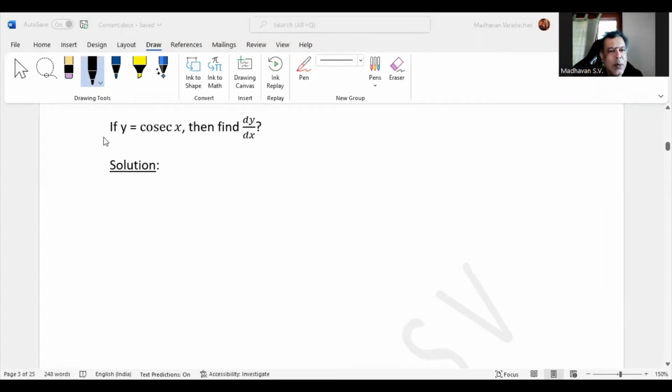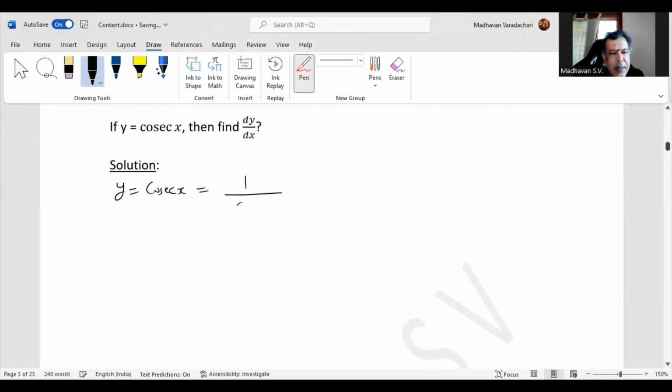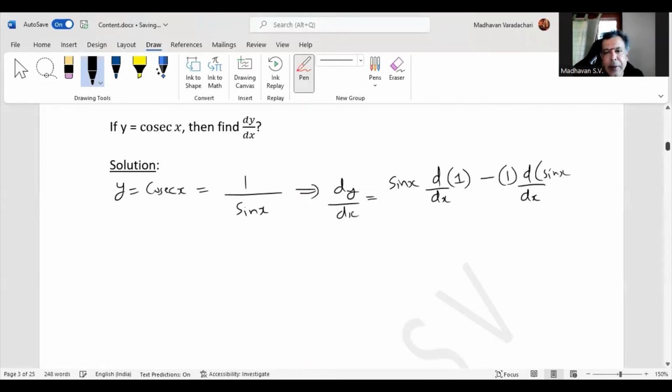If y is equal to cosecant of x, then find dy by dx. So given y is cosecant of x is nothing but 1 by sin x, which means dy by dx equal to, again we'll be using quotient rule, that means denominator which is sin x, d by dx of 1 minus 1, that is numerator, d by dx of sin x, the whole thing divided by square of the denominator, which is sin square x.